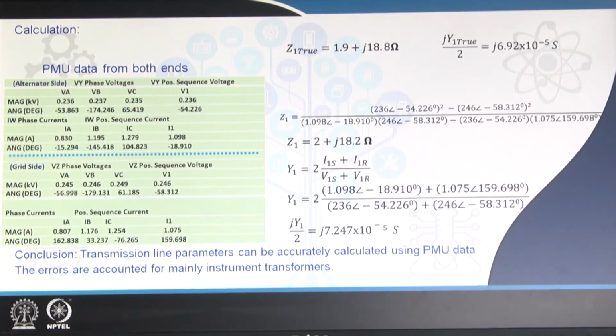Thus, we see that the line parameters can be obtained pretty accurately using the synchronized data from both ends. Note that without the synchrophasor data, which is time stamped from both ends, we cannot have such parameter estimation of the line using both end data.